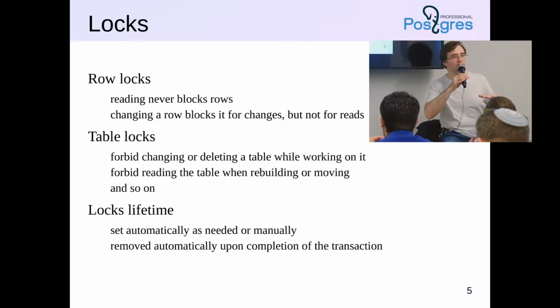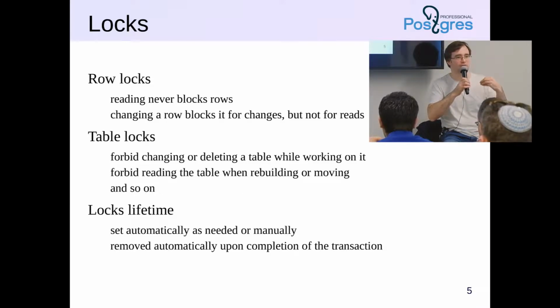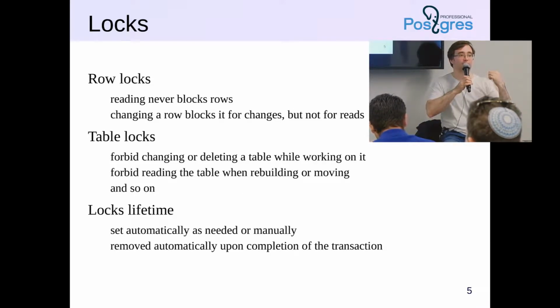For example, for updates. If your transaction reads data, and my transaction is changing this data, no locks are required. We can do it simultaneously. The only situation when we use locking is when your transaction changes some row and my transaction tries to change the same row. And we cannot do it concurrently, because I cannot change some historical version of a row.